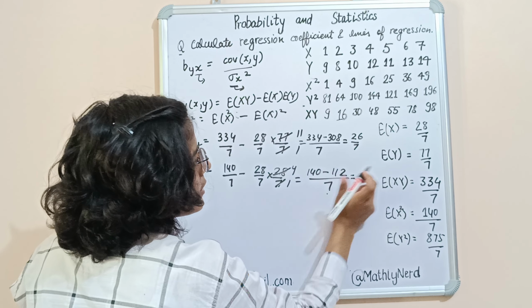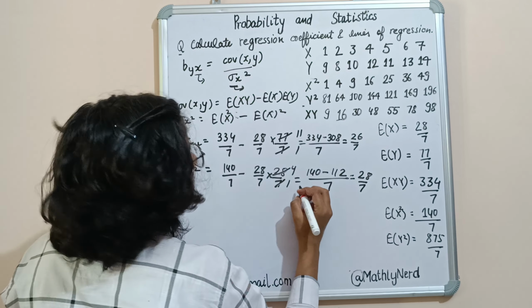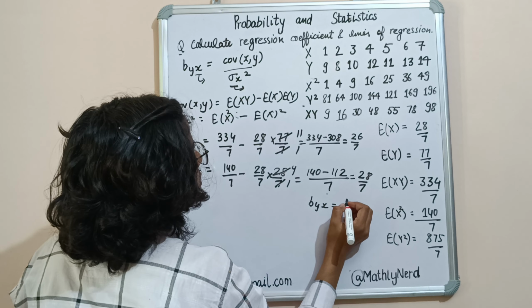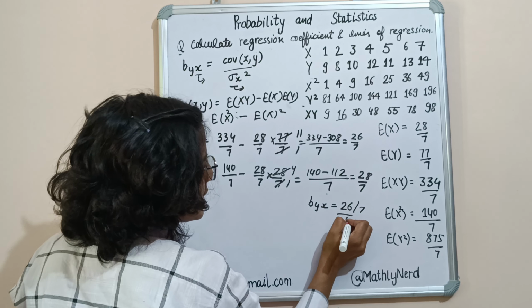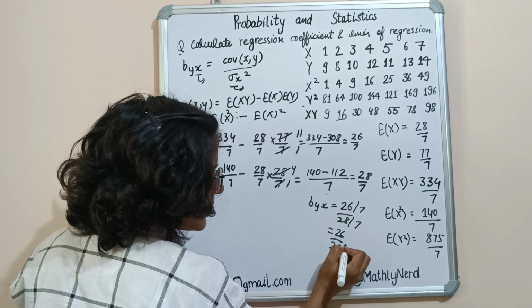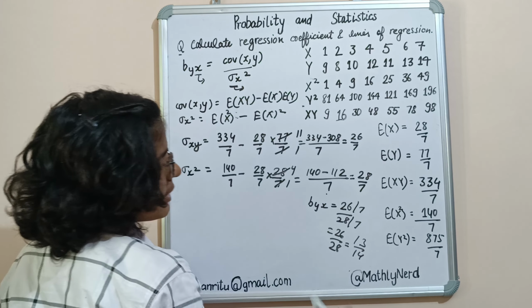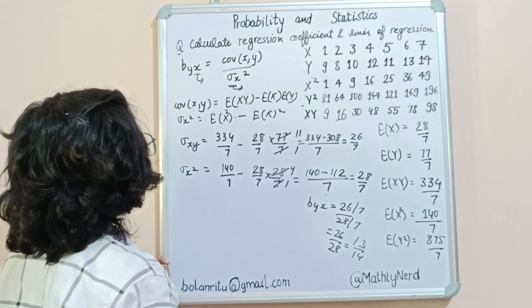So this will be 28 by 7, and byx will be equal to 26 by 7 divided by 28 by 7, equals 26 by 28, and this will be equal to 13 by 14. You can calculate the exact value on your own.